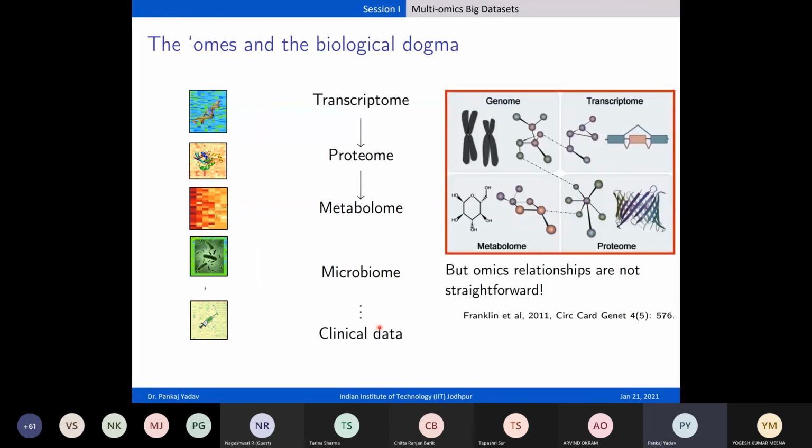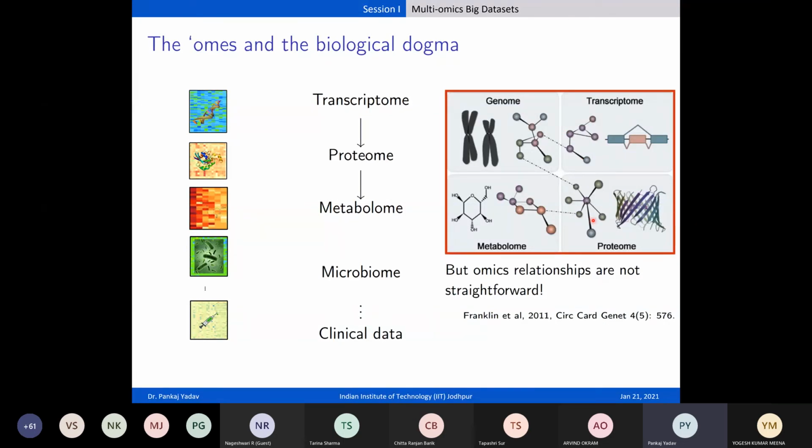All right. As I was saying, this figure just shows the same thing I was talking about a few slides back: we need to integrate these different types of data. Let's say we have the genome, then the transcriptome, then the metabolome, and then the proteome.